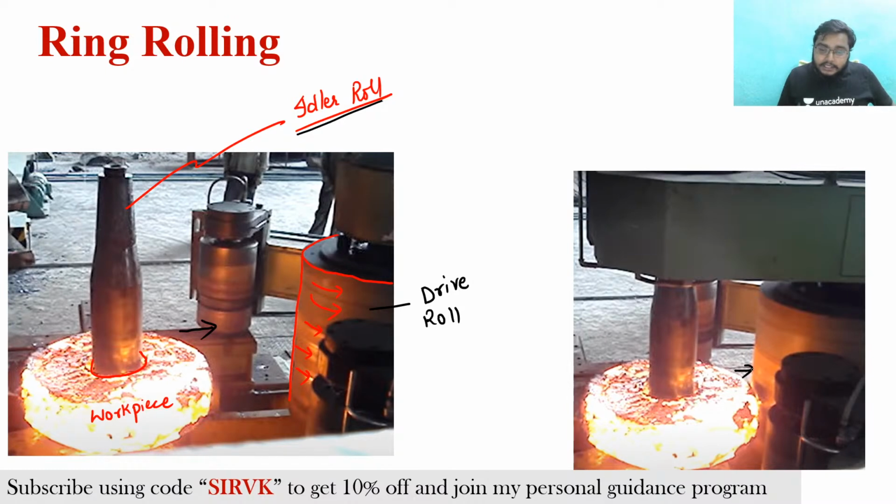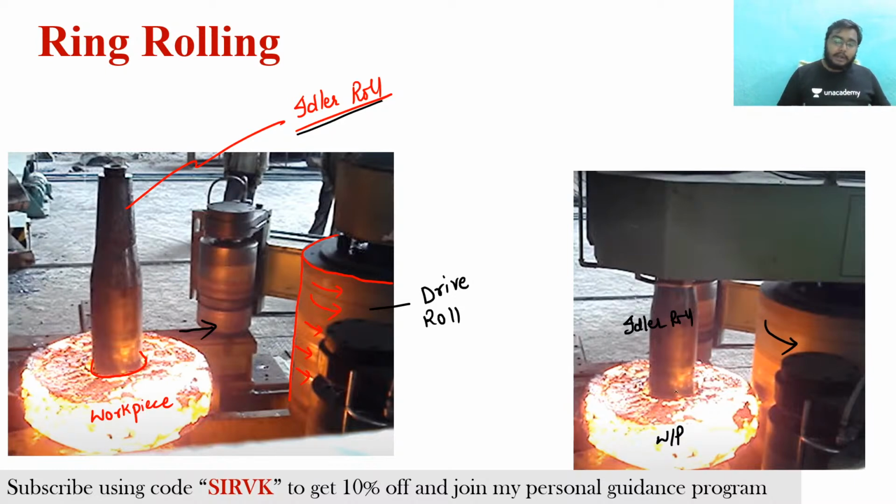Now it is in contact, and this drive roll is rotating in this direction. This is the idler roll, this is the workpiece, and this is the drive roll.